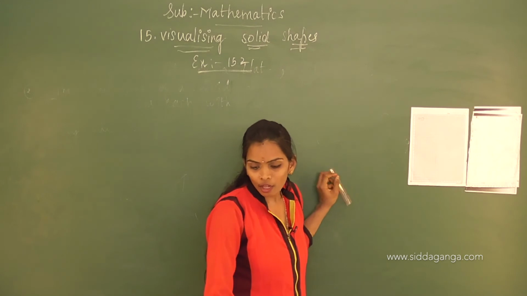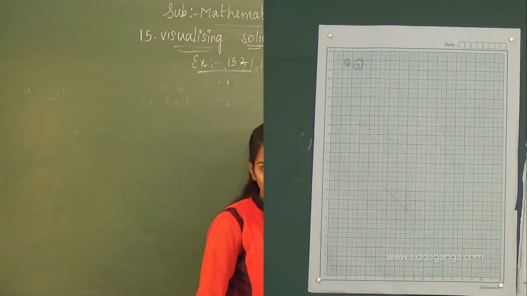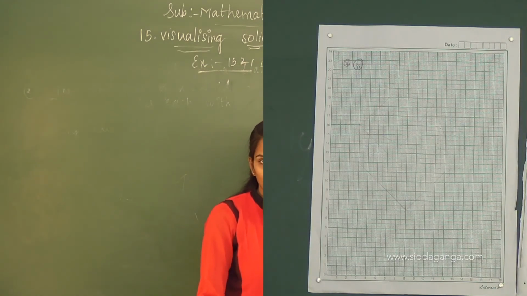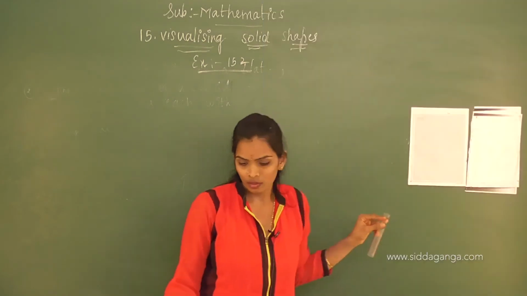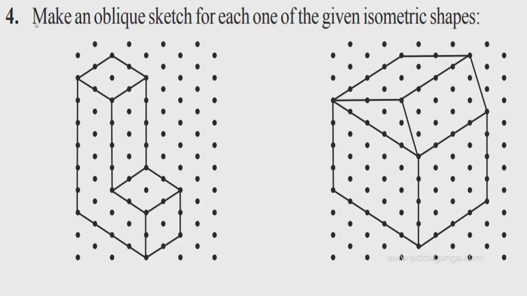For that one cube is there. For that one cuboid is there. Upon that 2 triangles and 2 rectangles are there, that we are going to represent on this graph sheet.